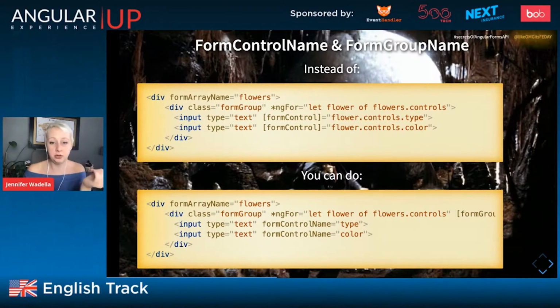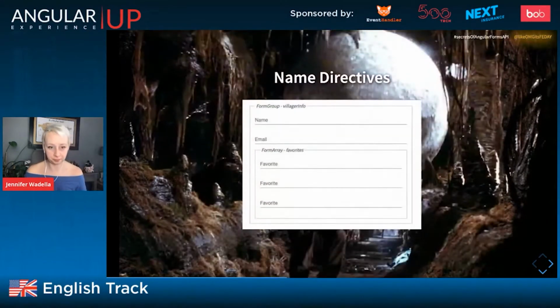Well, the cool thing we can do here is use the form group directive and tie that to flower. And so we can use the form control name, and it's going to say, okay, get a form control named type inside of this form group. And so you don't have to do all this repetitive typing. So these are great ways to write more readable code that's all built in for you.